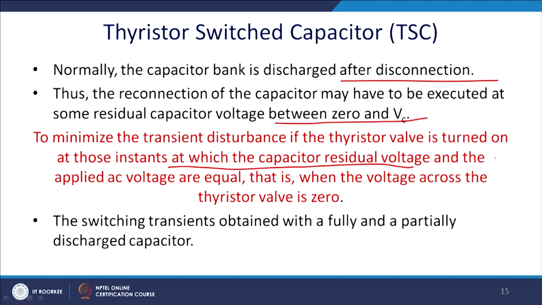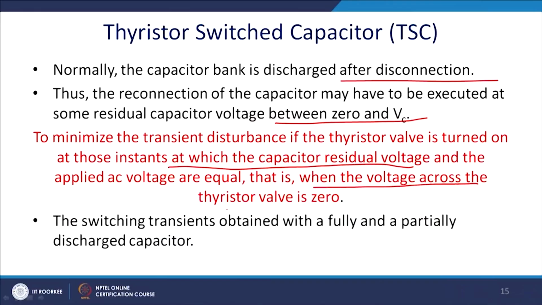If there is a mismatch between Vc and the applied voltage, then a transient will occur. So, that is when the voltage across the thyristor valve is 0. At that point we should try to switch on the switches, so we will not find any transient.